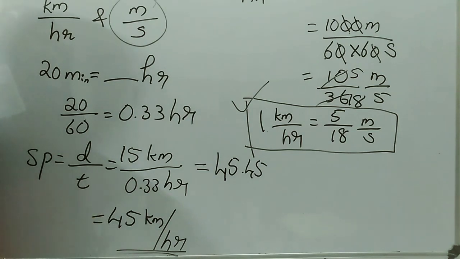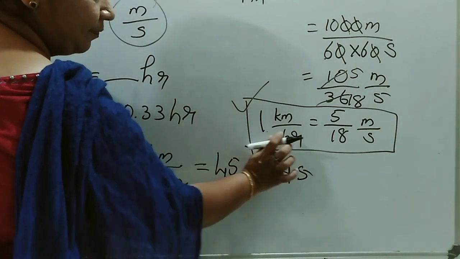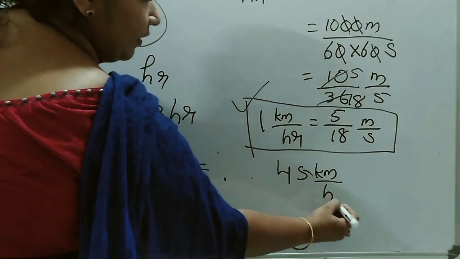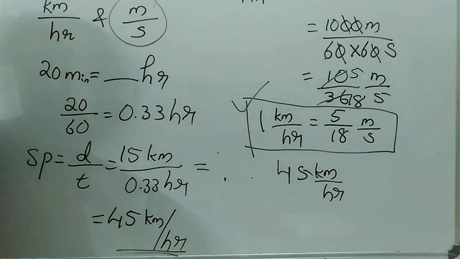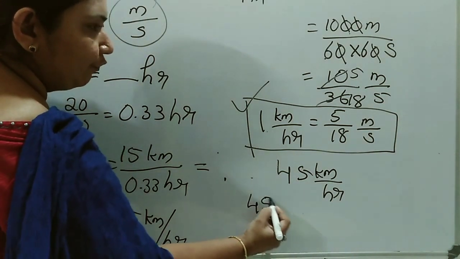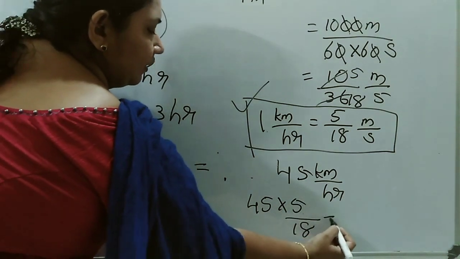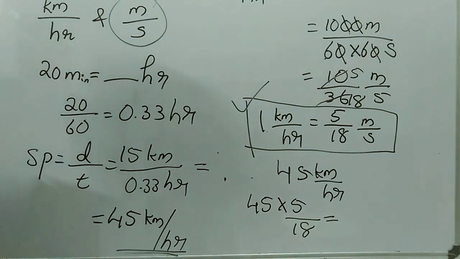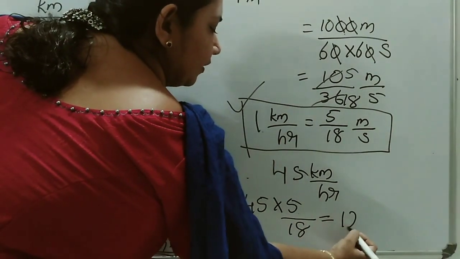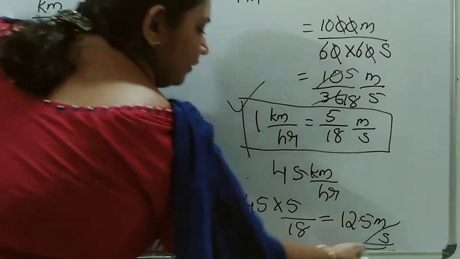So our question is, we have to convert 45 kilometer per hour into meter per second. So what we have to do? Multiply 45 into 5 by 18. When you multiply it, you will get the answer 12.5 meter per second.